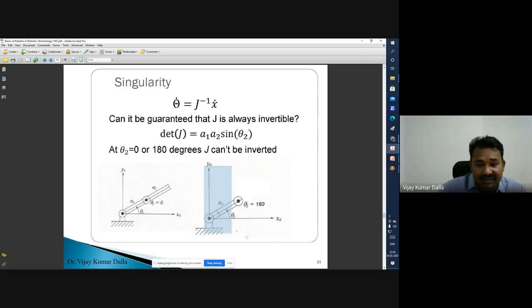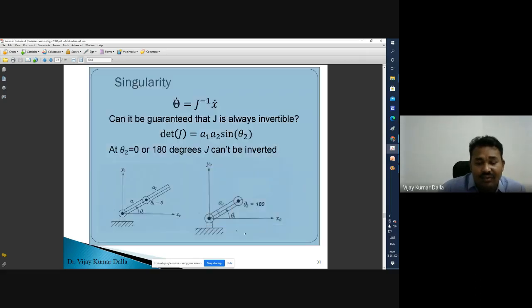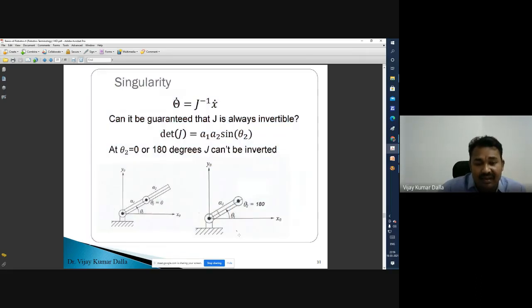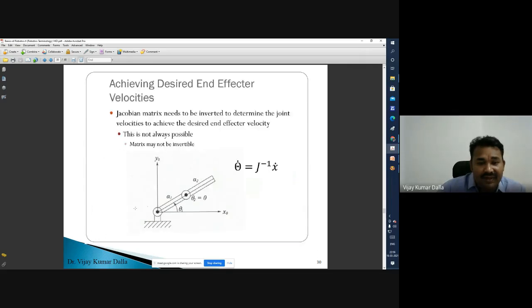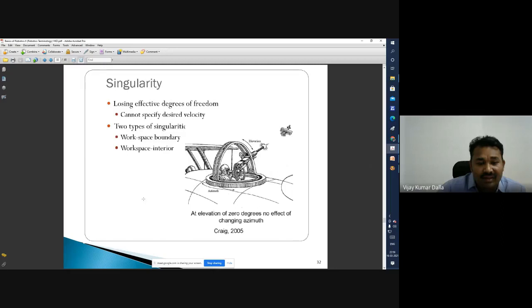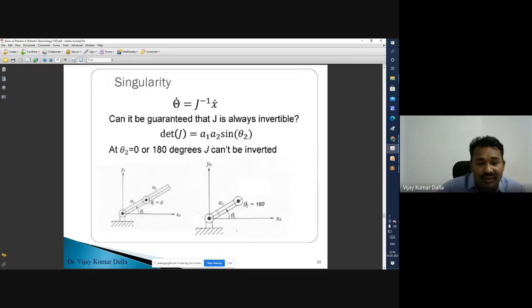Workspace interior is when link 2 gets folded back, and workspace boundary is when link 2 gets fully stretched.